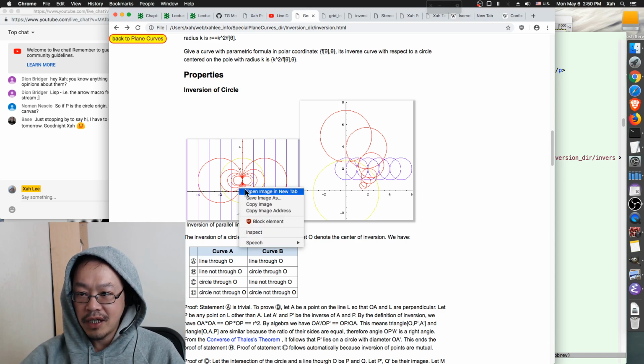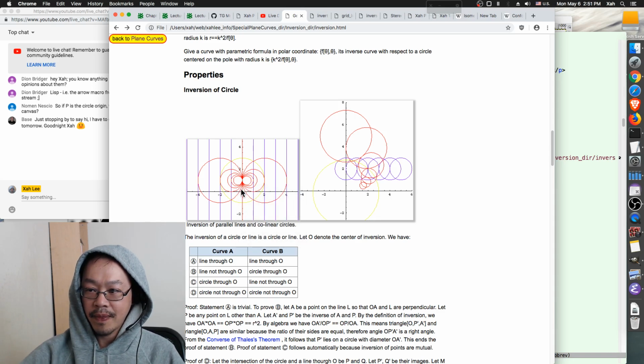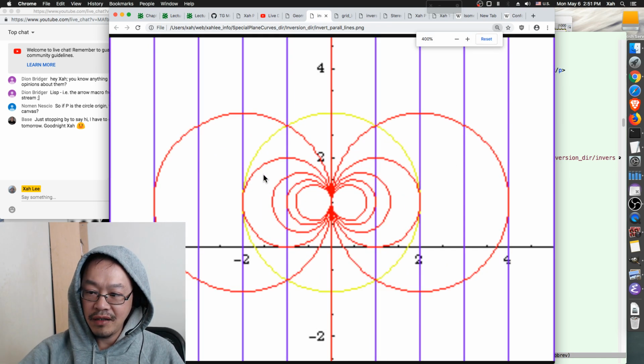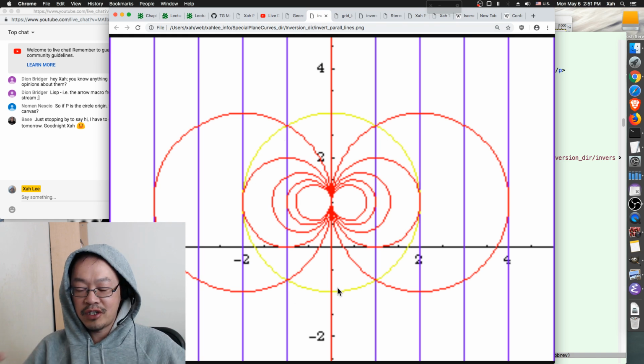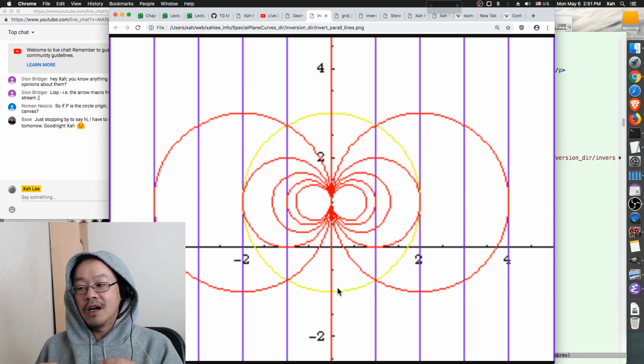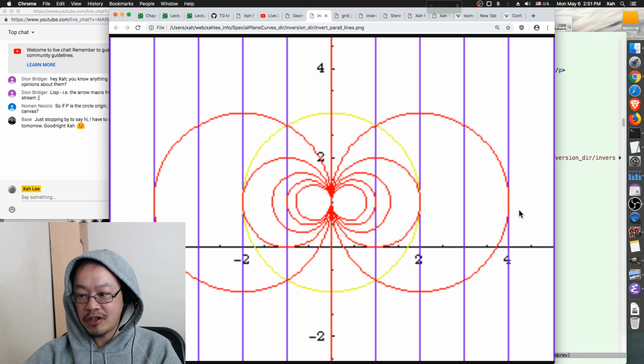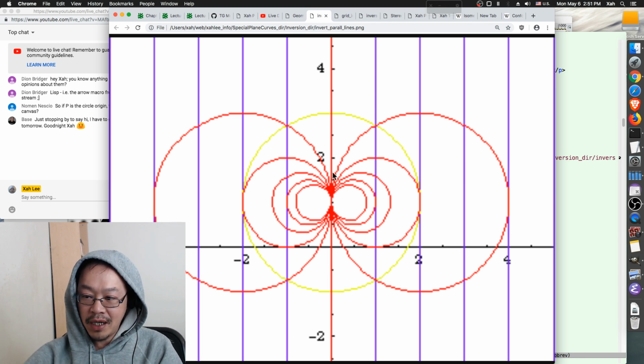in this picture, let's open it. You see this yellow circle. This yellow circle is the inversion circle. Remember, geometric inversion is based on a fixed circle. We have to have a given circle. Now, these purple lines are the pre-image. These purple lines become these red circles, and vice versa.